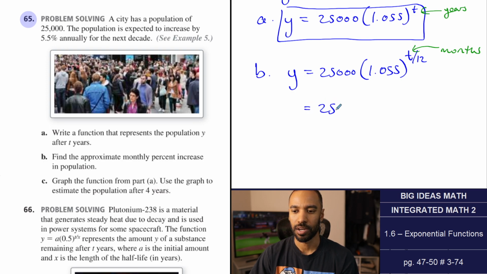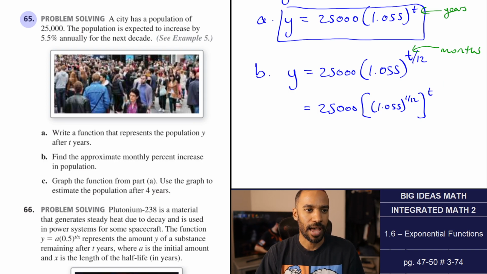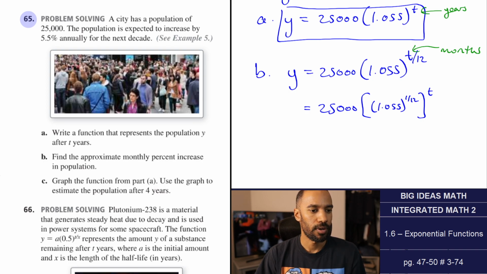So that's going to be 25,000 times 1.055 to the 1/12th power, all raised to the t power. And then when we figure that guy out, then we'll get just what that monthly increase was. So 1.055 to the 1/12th power is 1.00447.